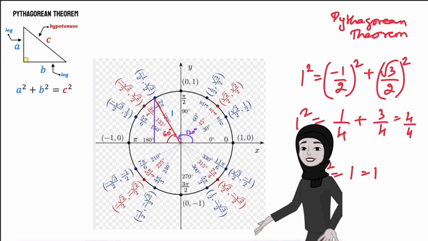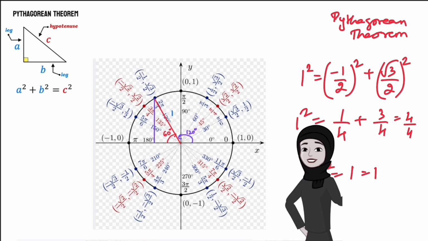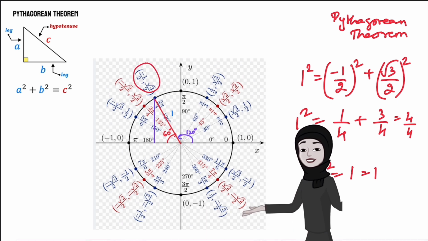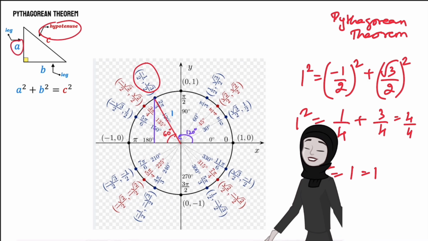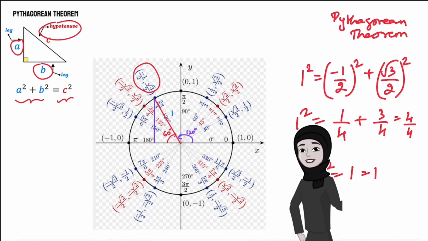As an example, let's take tan of 120 degrees. We apply the Pythagorean theorem: the square of the hypotenuse is equal to the sum of the squares of the legs, so a squared plus b squared is equal to c squared. I have shown it with this example.